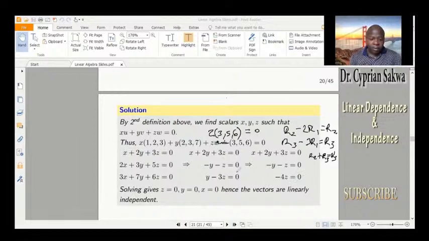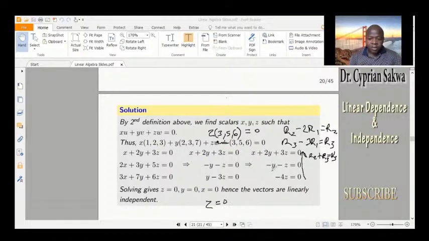Now, you can see that we can solve this from the bottom. So from this, since negative 4z equals 0, it means that z is 0. From the bottom, we solve going up.